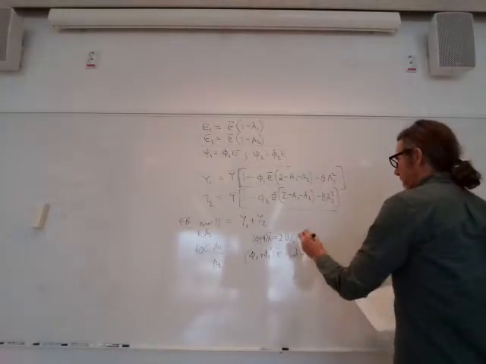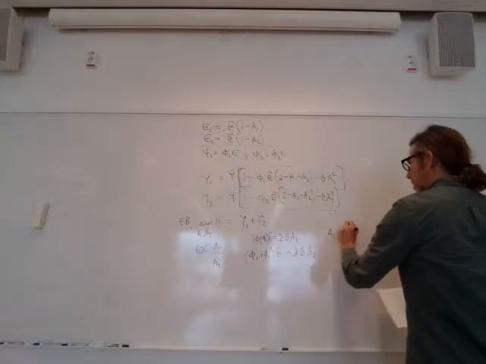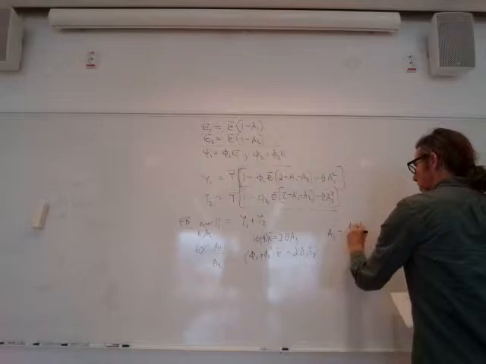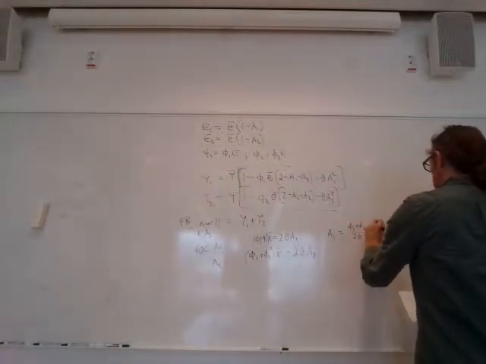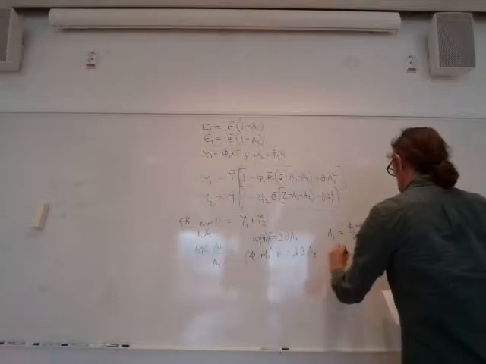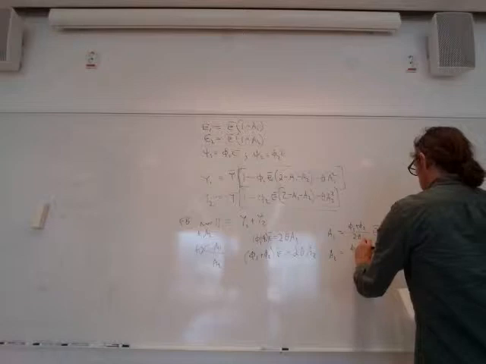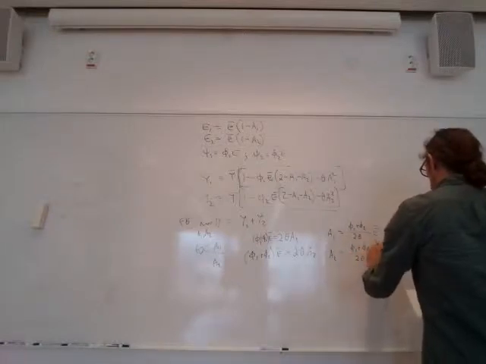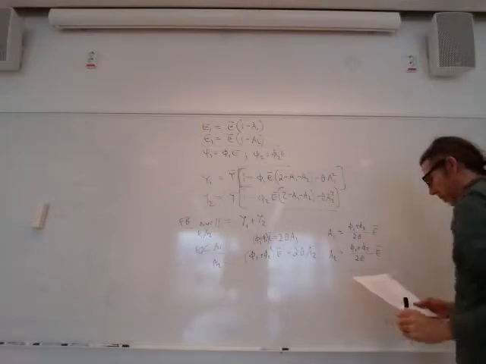So that's first best, isn't it? A1 equals phi1 plus phi2 over 2 theta times E bar. A2 is phi1 plus phi2 over 2 theta E bar, so A1 and A2 are the same.